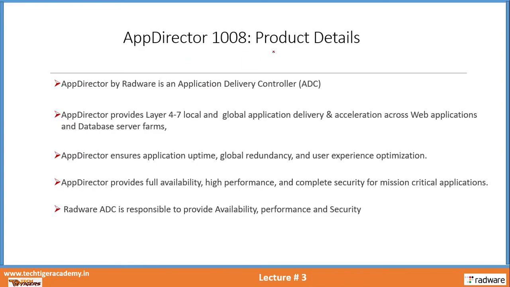This is product details. App Director by Radware is an application delivery controller. Being an application delivery controller, it provides layer 4 to layer 7 local and global application delivery and acceleration across web applications and database server farms. So what does it provide?